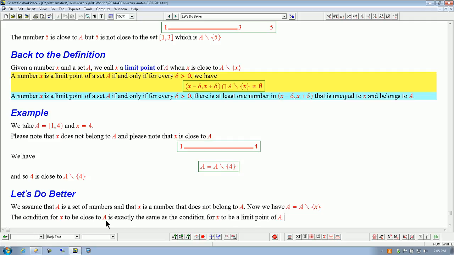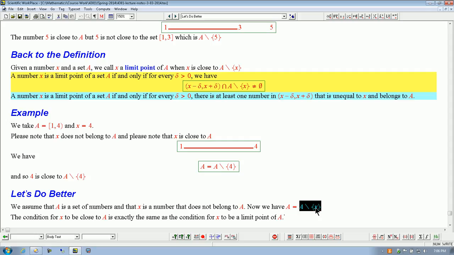For every delta greater than 0, the stick center X radius delta intersects with A. What does it mean for X to be a limit point of A? For every delta greater than 0, the stick center X radius delta intersects with that set. But what did I tell you? I told you that X does not belong to A. So therefore A and A slash singleton X are exactly the same thing.